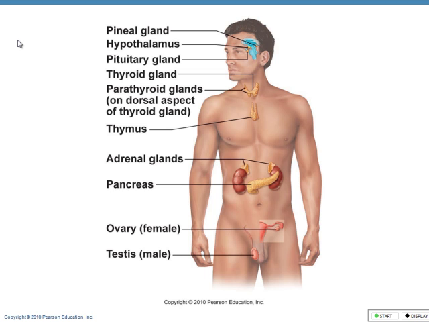So we're going to talk about two different types of glands made of epithelial tissue that produce these chemicals: exocrine glands and endocrine glands. What's the difference between the two? You should know that by now. No. Endocrine is going to secrete their product where?